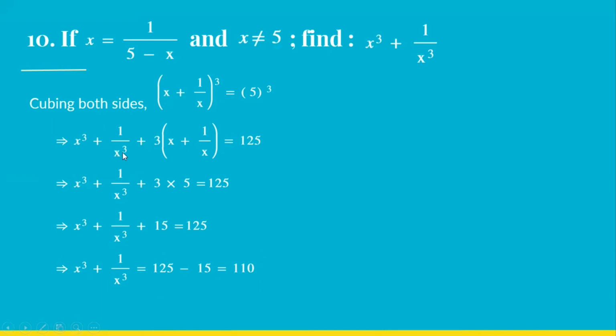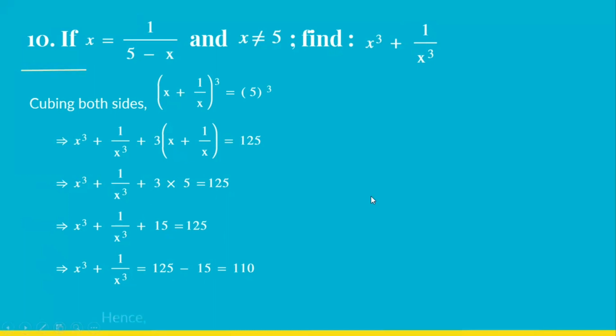So x cube plus 1 upon x cube plus 3 in bracket x plus 1 upon x is equal to 5 cube, which is 125. X plus 1 upon x is given as 5. So x cube plus 1 upon x cube plus 3 fives, 15, is equal to 125. So this 15 moves here and you subtract it. So x cube plus 1 upon x cube is equal to 125 minus 15, which is 110.